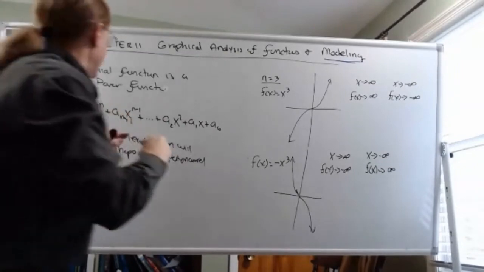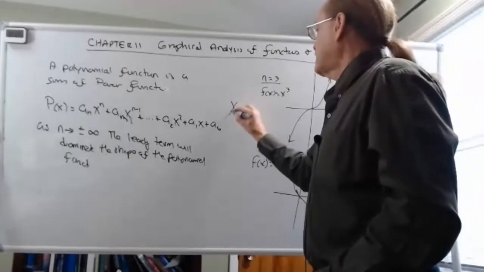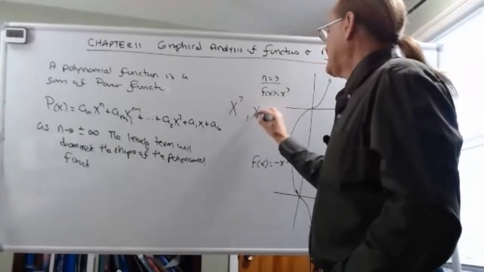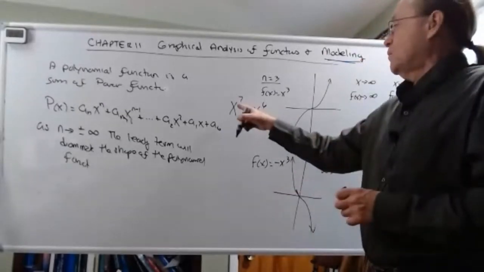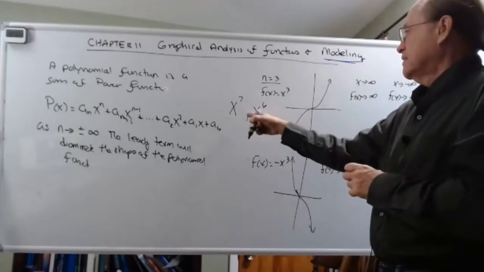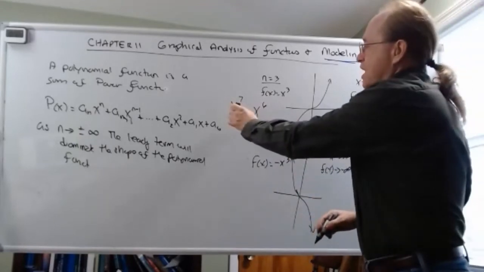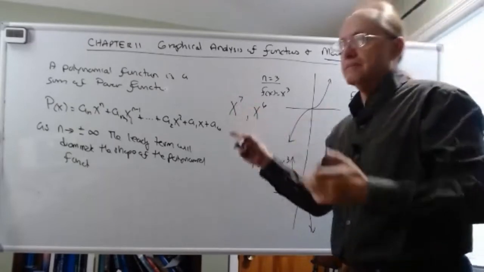Why is that? Well, for example, if I'm comparing, say, x to the 7th over x to the 6th, and if I take x to be large, this is a whole extra multiple. Say x is a million.